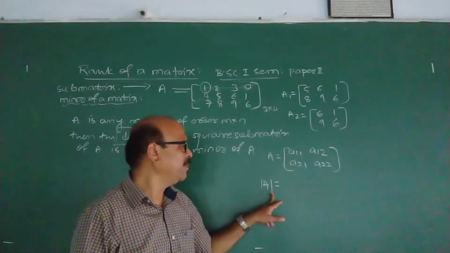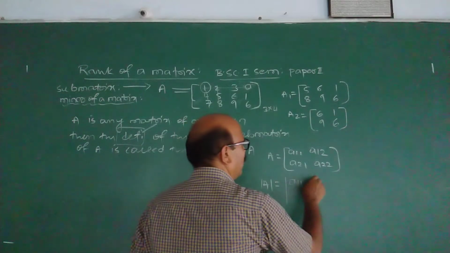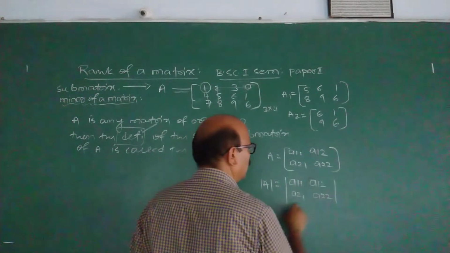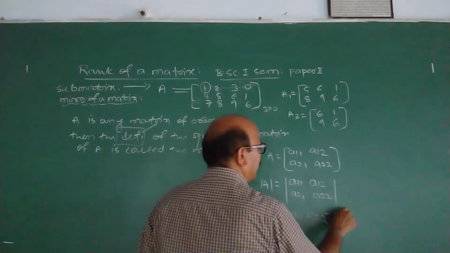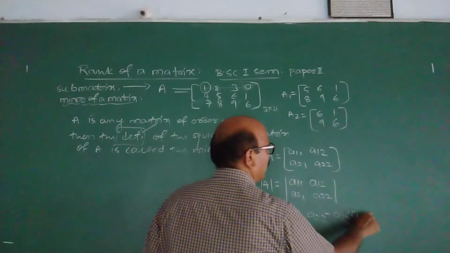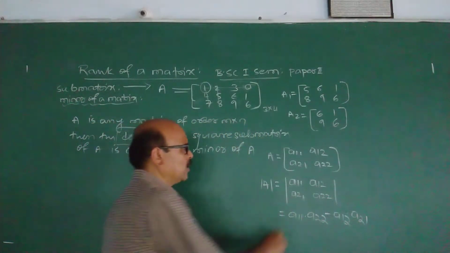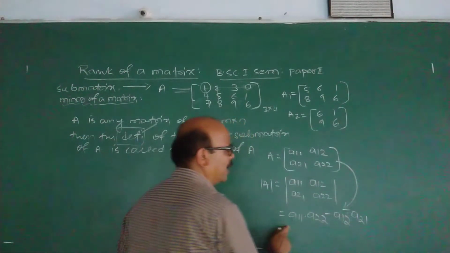Then determinant A is denoted by this notation, A11, A12, A21, A22, and it is equal to A11 into A22 minus A12 into A21. Therefore, this square matrix is related with a real number.